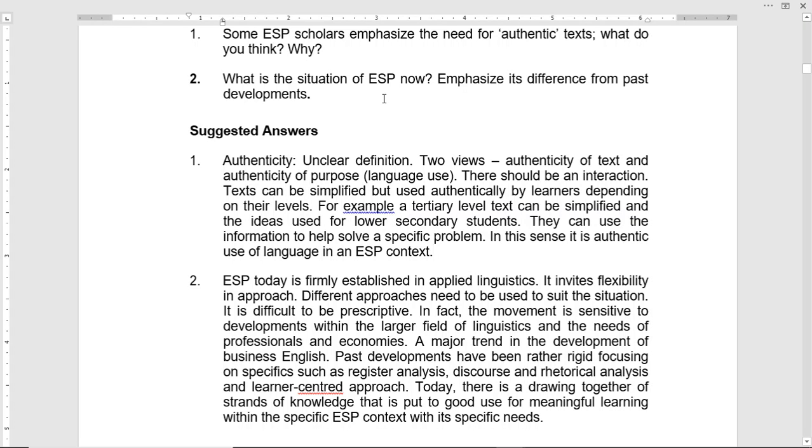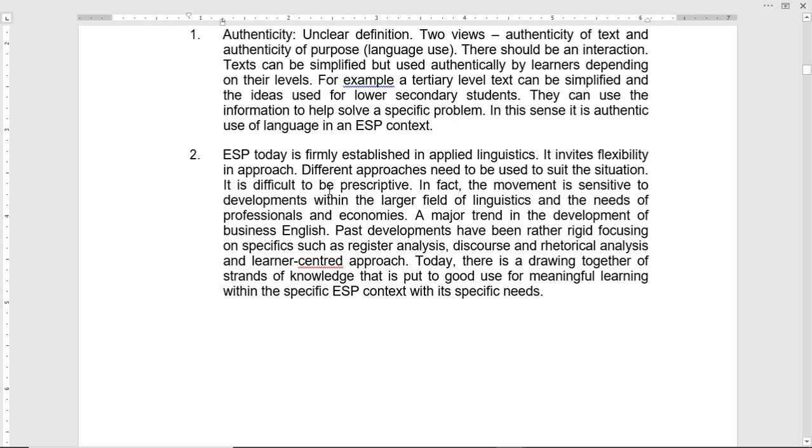Then what is the situation of ESP now? Emphasize its difference from past developments. So this is a part of applied linguistics. It has a flexibility in approach. There are different approaches to suit the situation. A major trend is the development of business English.